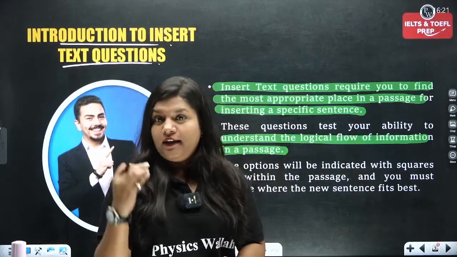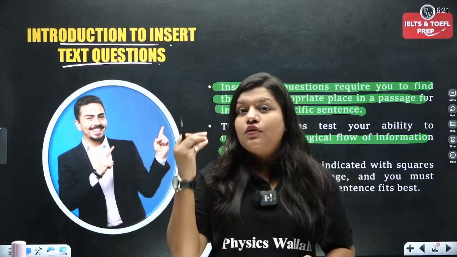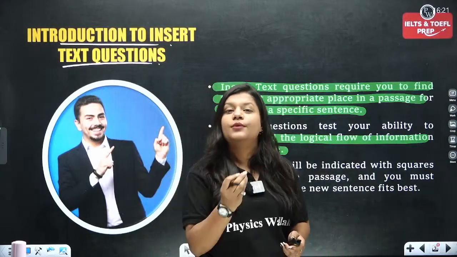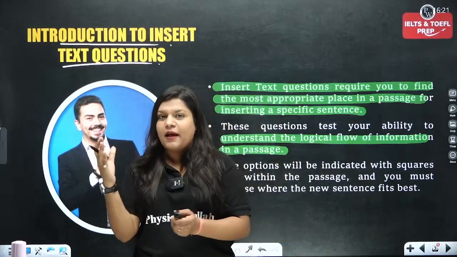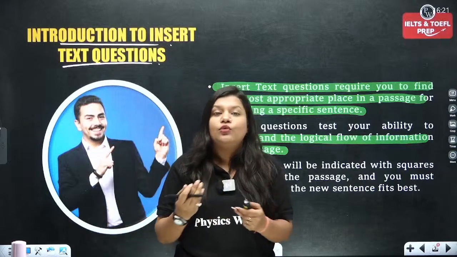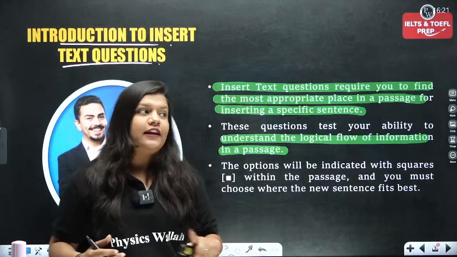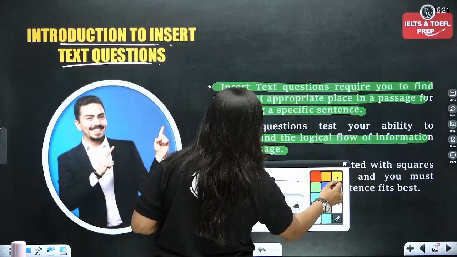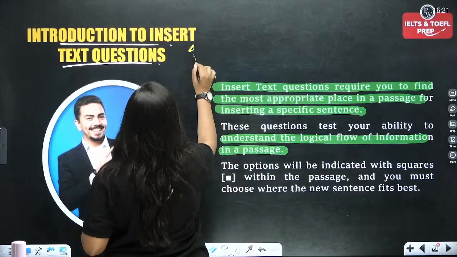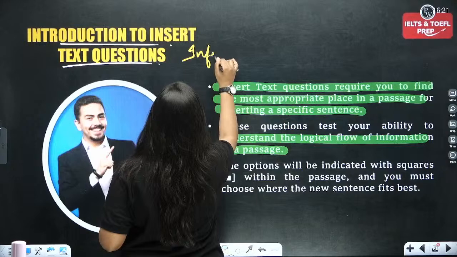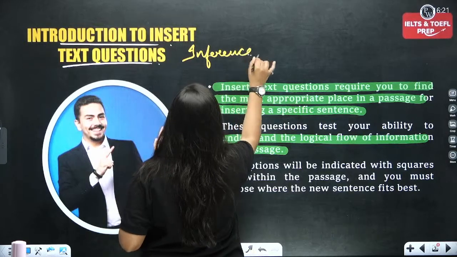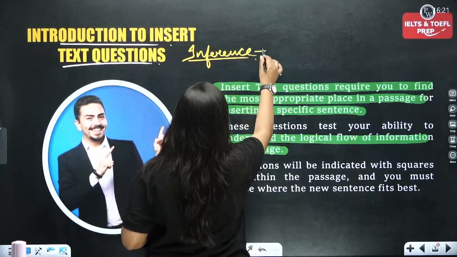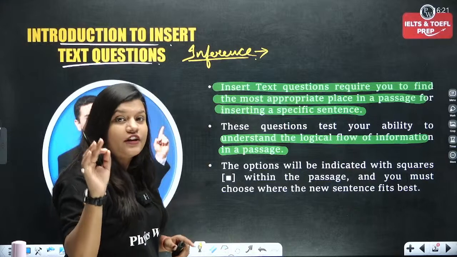Maintaining the flow of the passage is really very important for you, because whenever you read the passage, you will be able to take the inference of it. Now again, this question type is an inference-based question type, okay? What is inference here? I don't actually mean the inference question type.